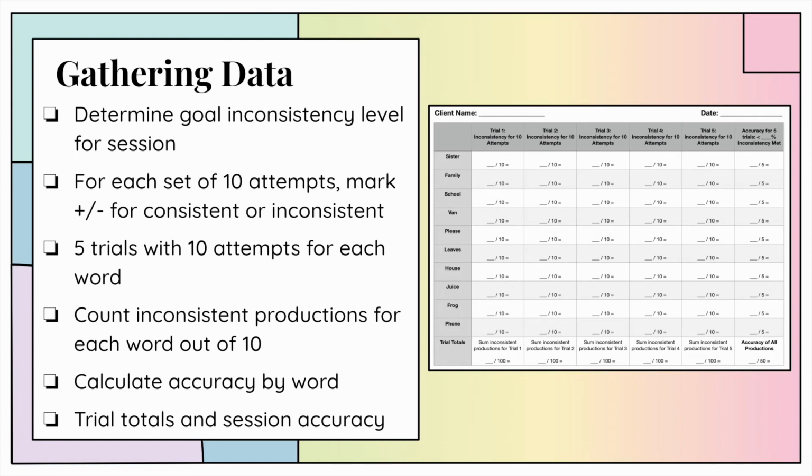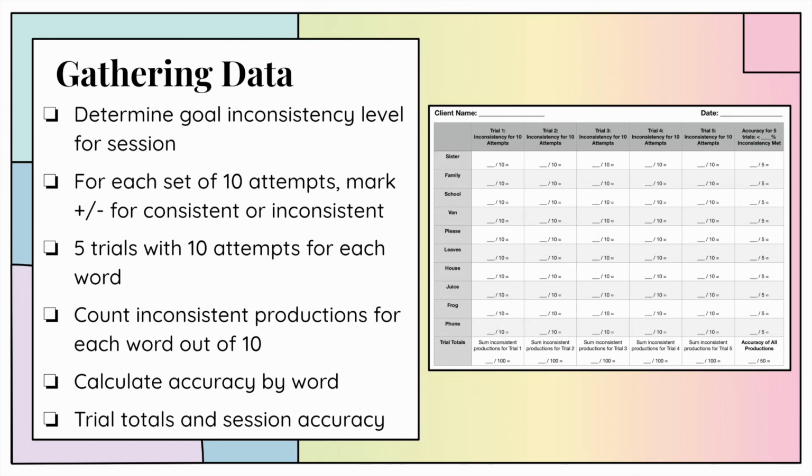The trial inconsistency totals can also be calculated if you want to see an overall score of inconsistency by trial, at the bottom of each trial's column. You can also calculate an overall percent accuracy for the whole session by counting the total number of trials out of 50 that were produced accurately.